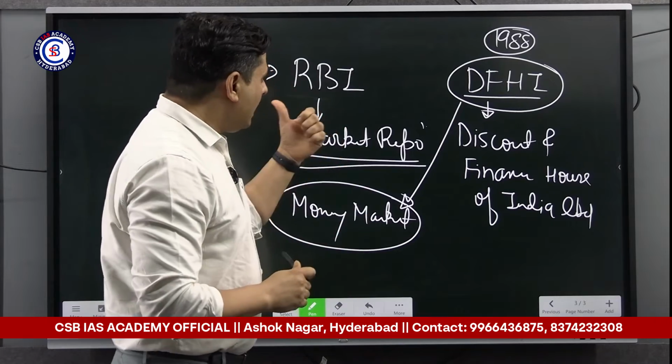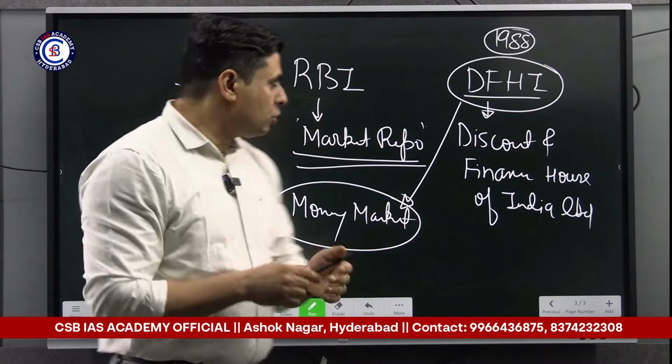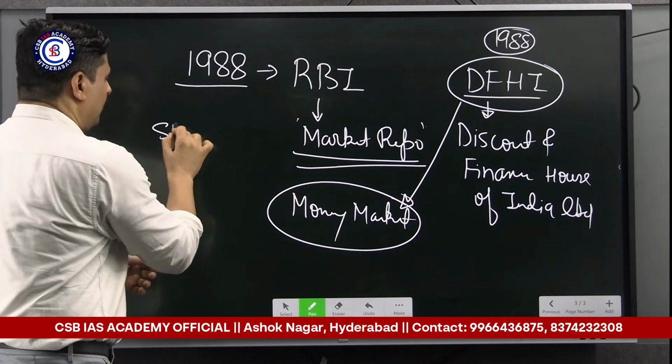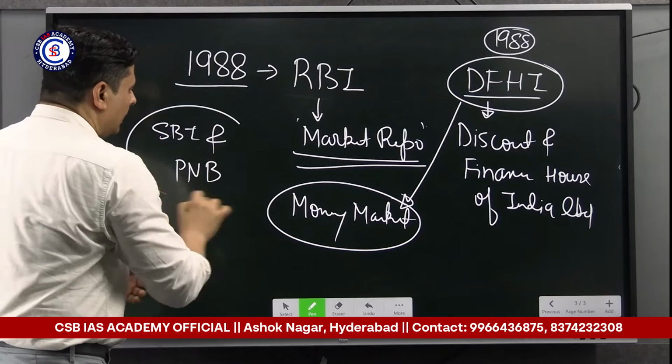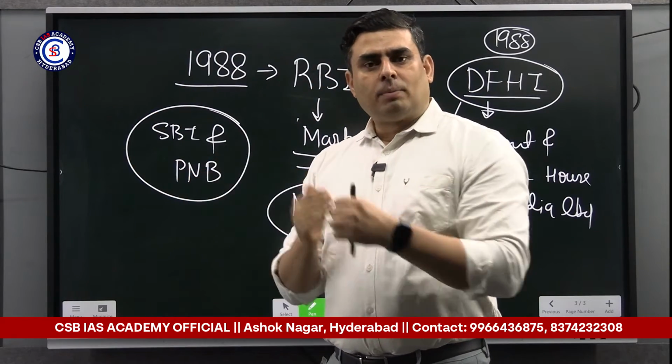Okay, so under DFHI, two banks, for example, SBI and PNB, can enter into a repurchase obligation.